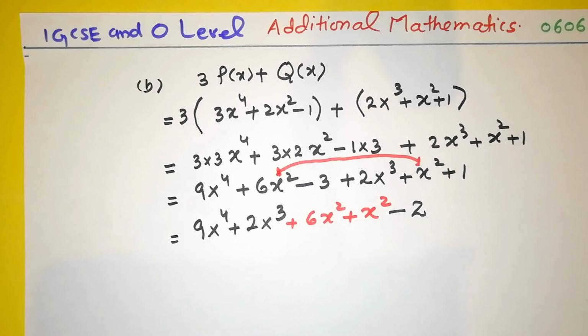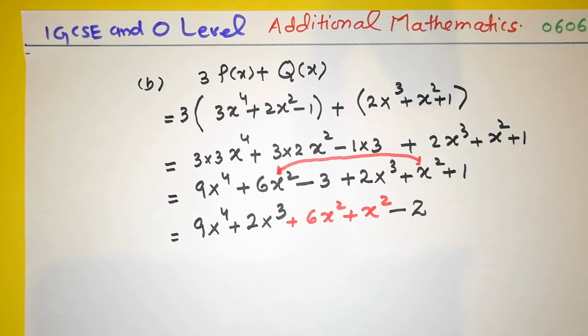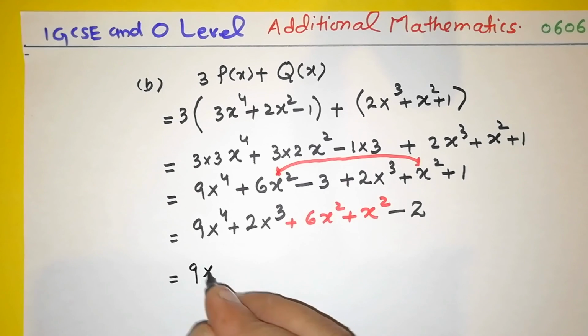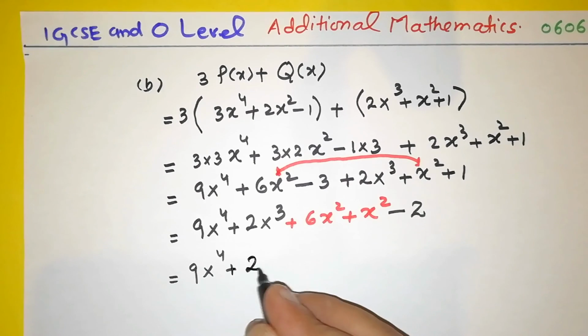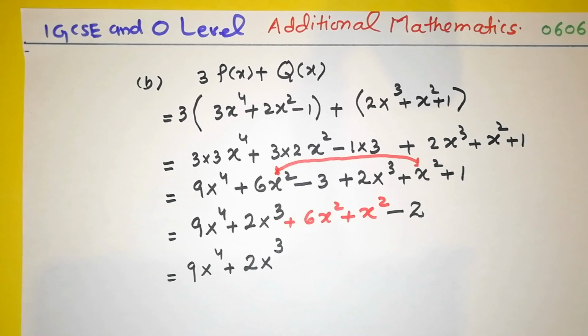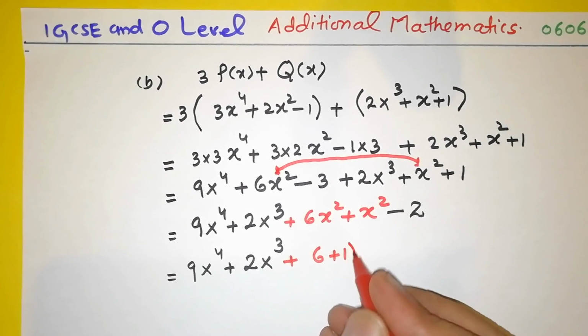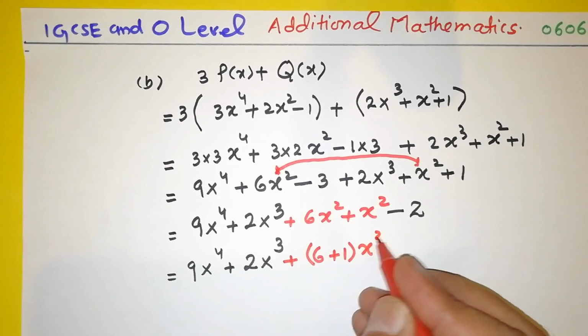Again here, we can write 9x^4 plus 2x^3, and x^2 is common, we can take it common.